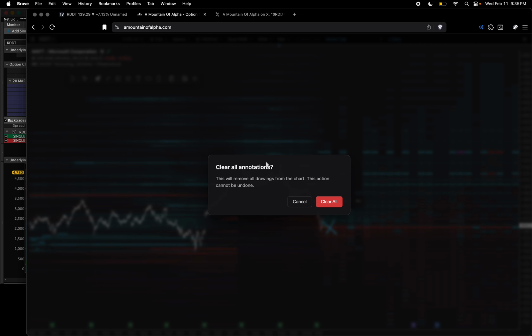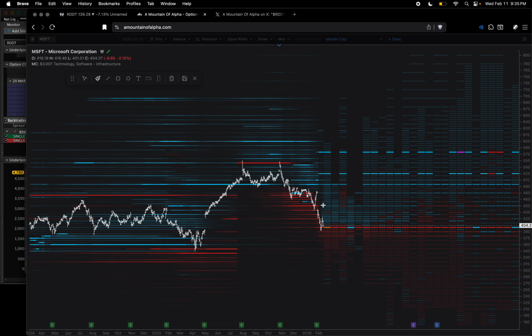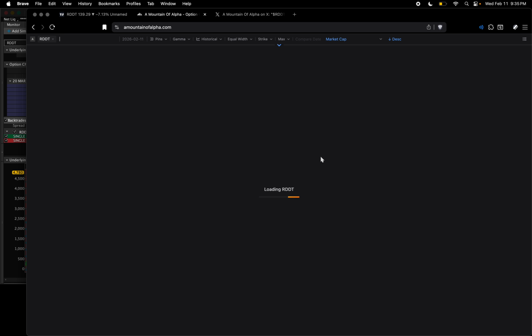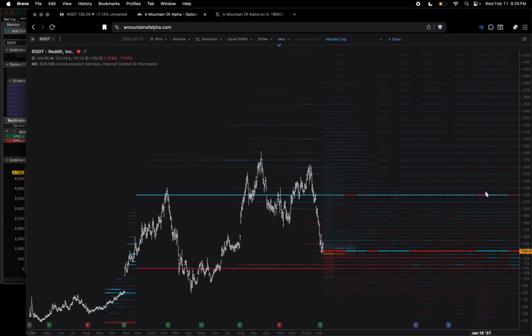Even though it could bounce, I just don't look at it as support. What I really try to find are those really big, juicy, long-term spreads. Even look here. Look at gamma. Reddit. There's your long-term there, and there's your upfront short-term, and that's the directional play. So this is really driving all of the downward momentum.